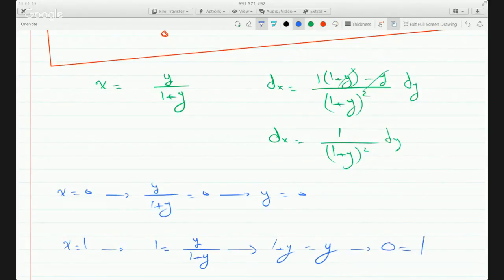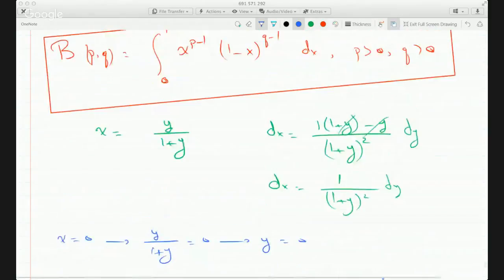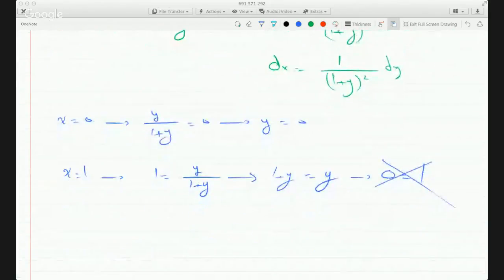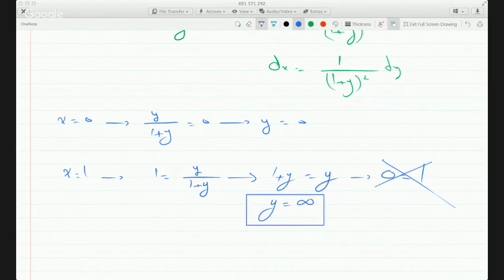Is that true? No, so that means it blows up, it's false for x equals 1. Unless y is infinity. If y is infinity, then 1 plus y equals y, because then 1 is negligible. So this bound has to be infinity for this to work.